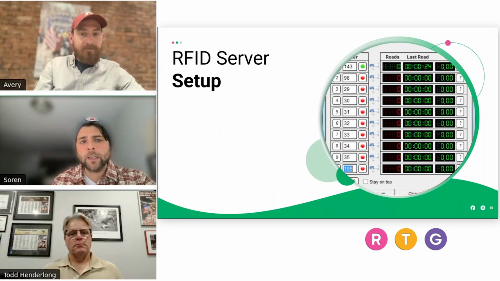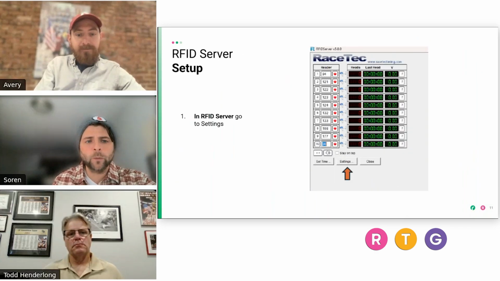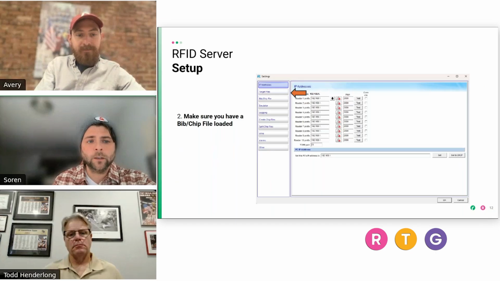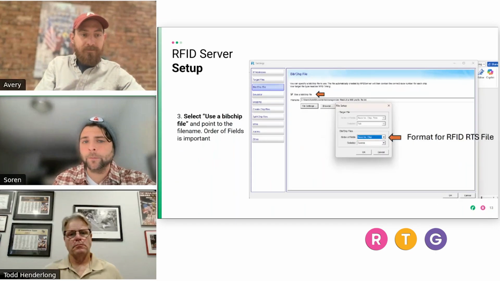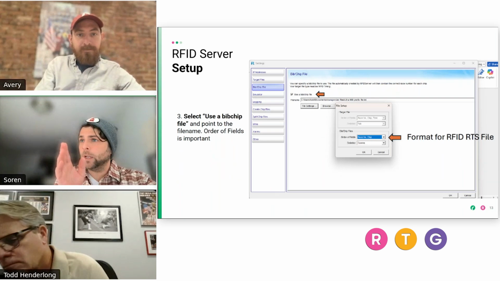On the RFID server side, so now stepping over to RFID server, which is the middleware for this hardware, you're going to want to go to settings. Make sure you have a bib and chip file loaded. If you're wondering what that is, it is a 2-column file that maps your bibs and your chip codes.